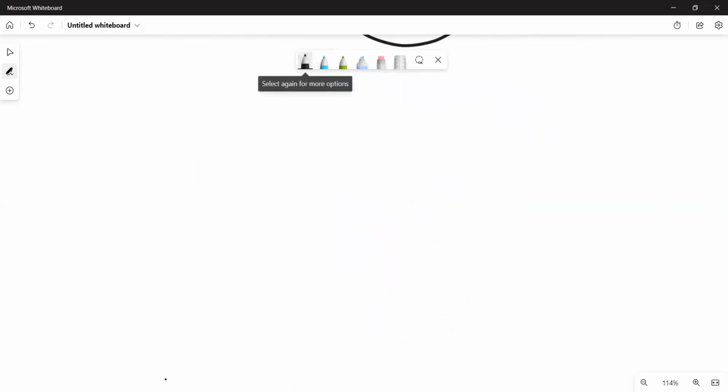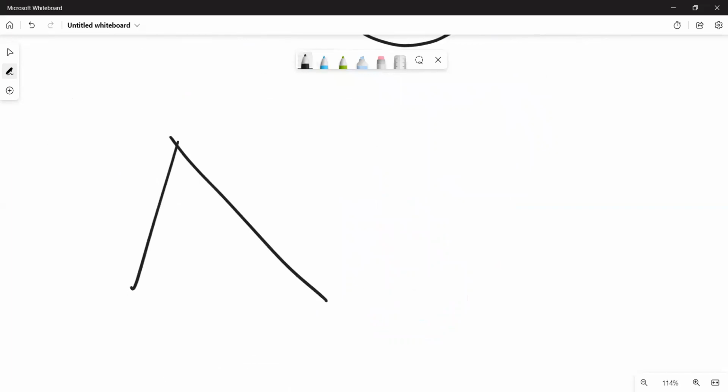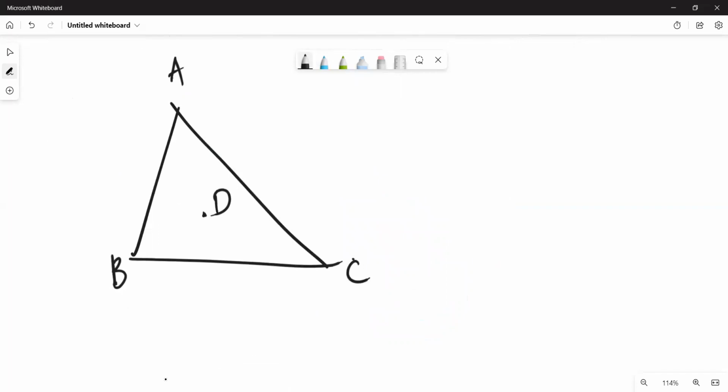So let's go to the first problem. We have a triangle ABC, and point D is inside the triangle.